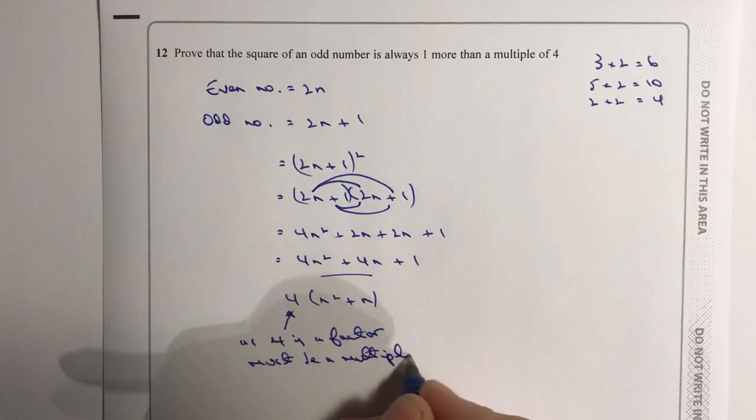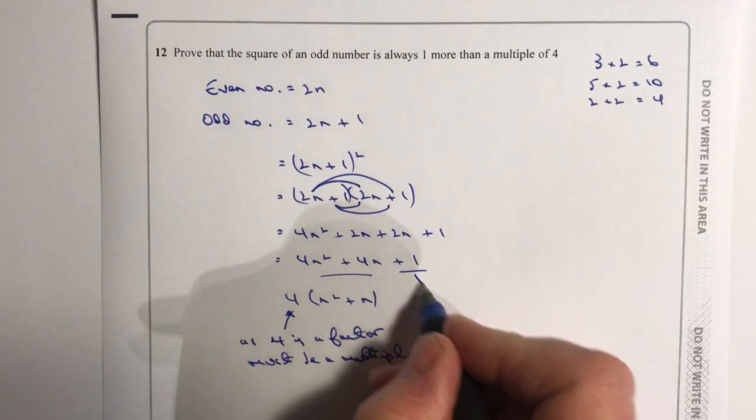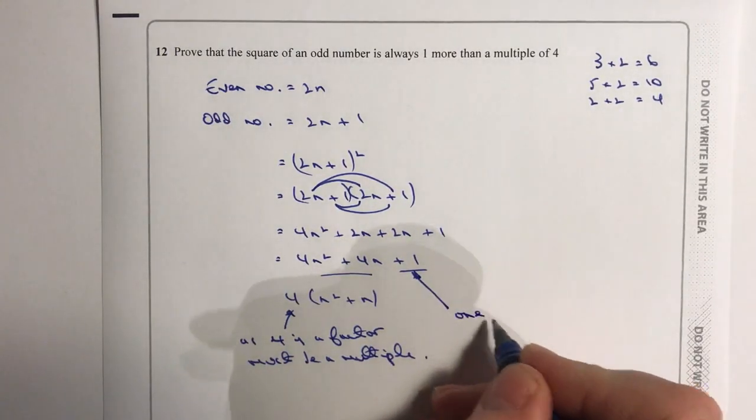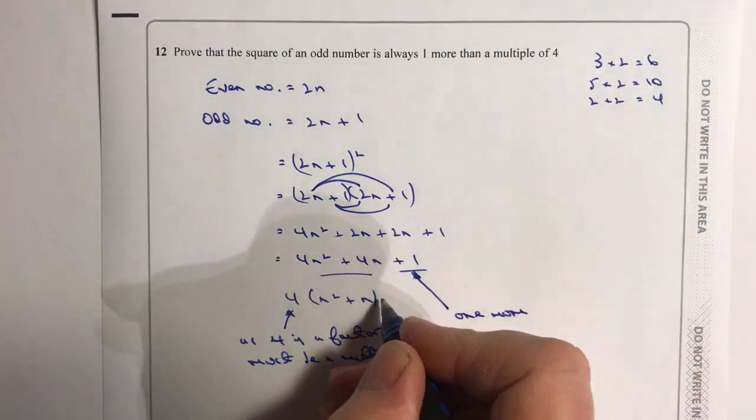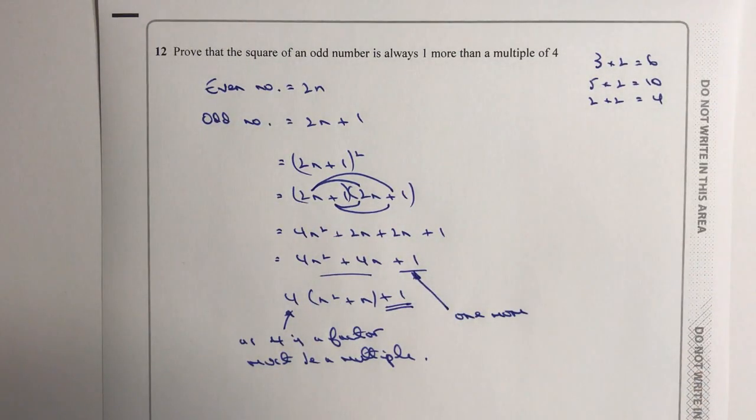Okay, so that's the first point. So that bit of it is a multiple of 4. The last bit of it is that plus 1 is 1 more. So we're proving that the square of an odd number is always 1 more than a multiple of 4. Okay, hope that's all right for you.